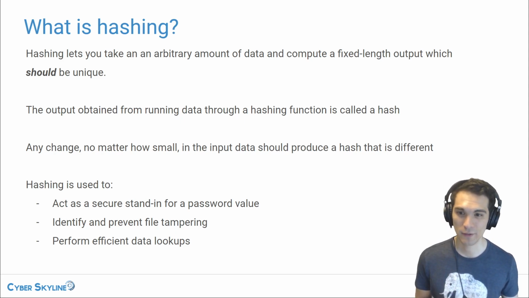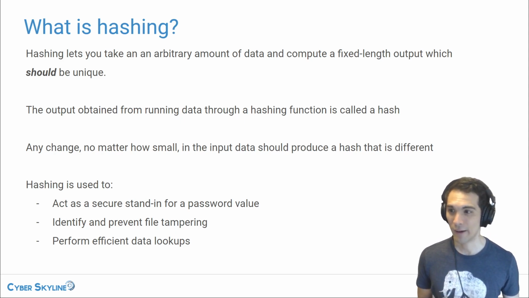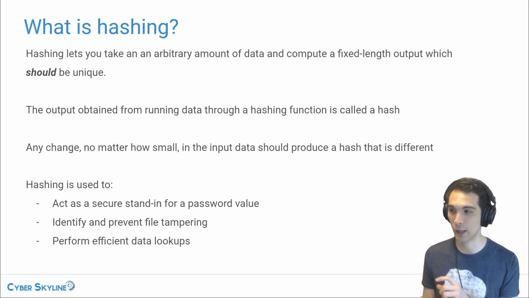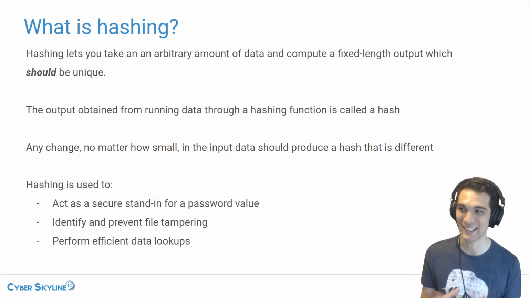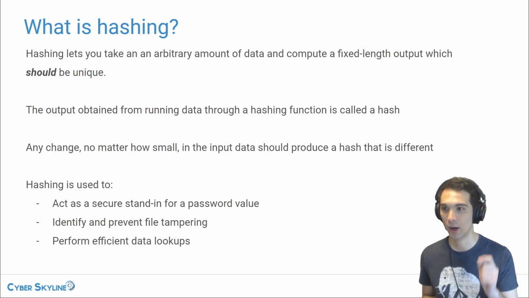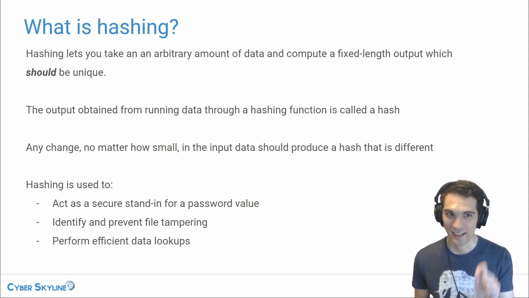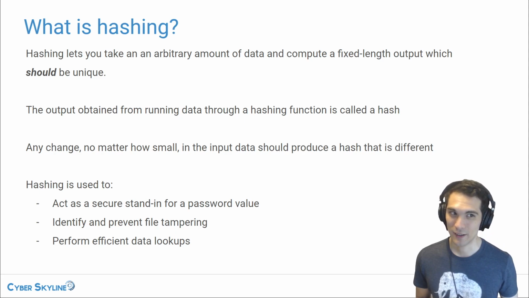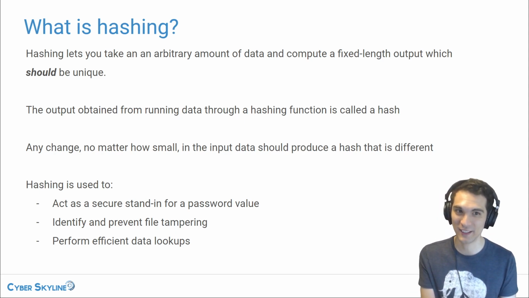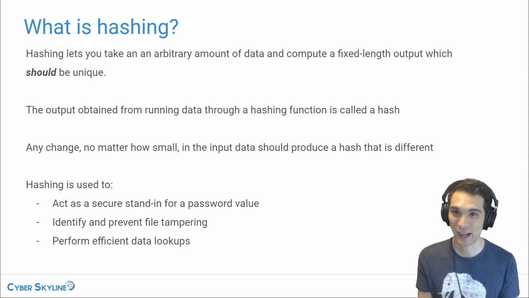Another common use for hashing is to perform efficient data lookups. This is used a lot in computer science for saving data and looking it up by a key rather than by an index, and hashing is a very efficient way to do that. I mentioned that it is very important to have a hashing function that should produce unique hash values.